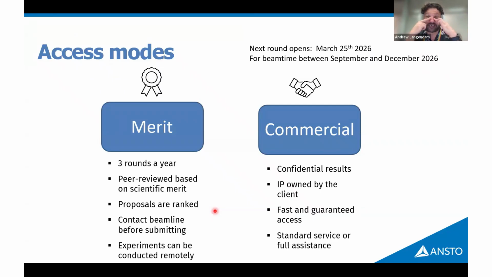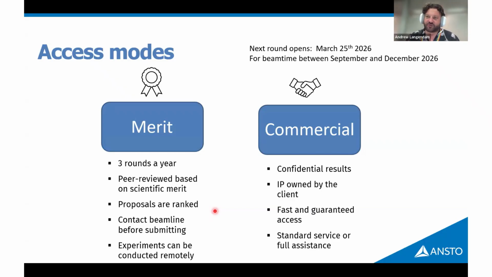So a bit about access. I felt like this was the best time to give this talk because next week our next round opens. So hopefully I might have sparked some interest in putting in a proposal for us. March 25th, our next access round opens for merit proposals. So merit proposals are essentially like you're applying for a grant to do work at the synchrotron.